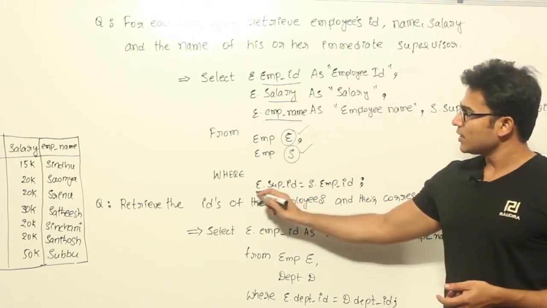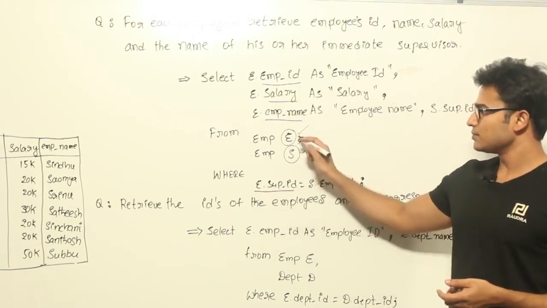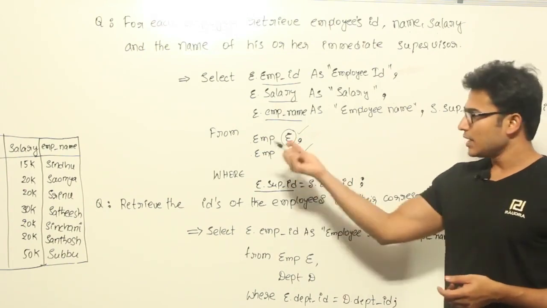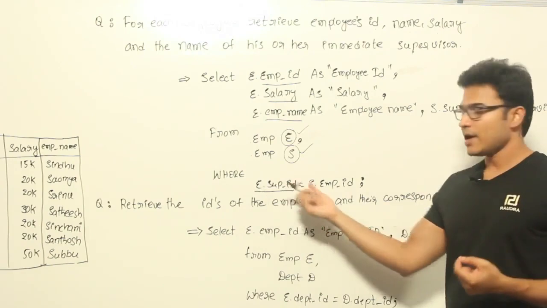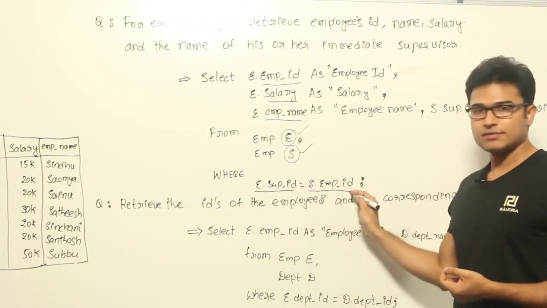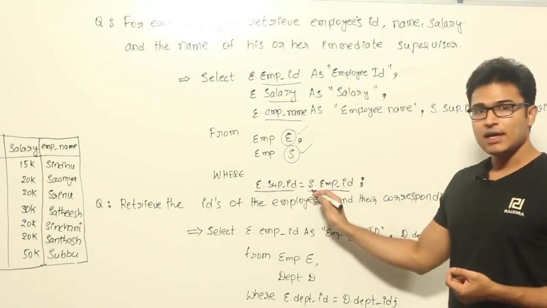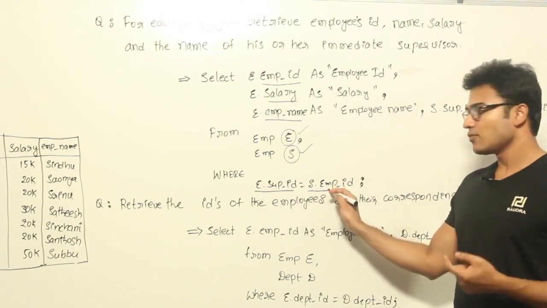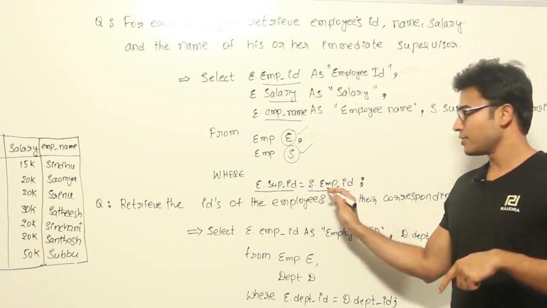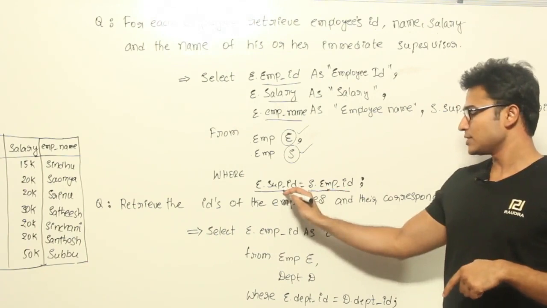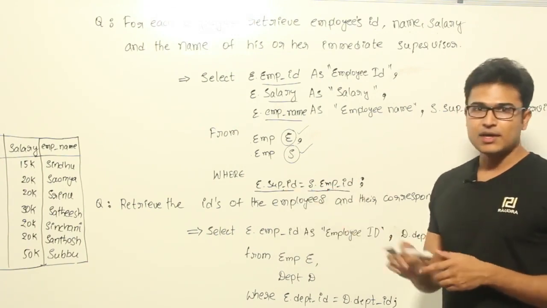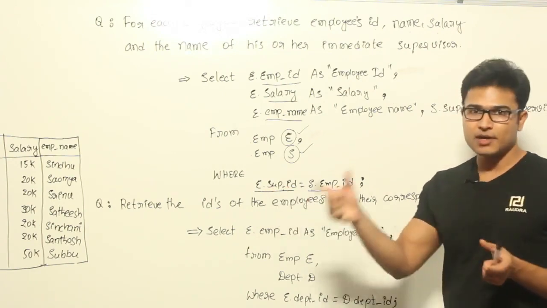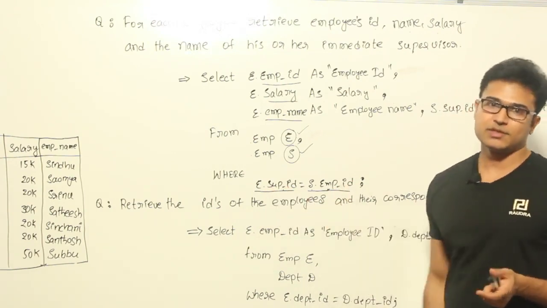So we take, let us say, the instance which is being called as E, and we take every tuple and we see the supervisor ID of that tuple, and we take the other instance which is called S, and then we take the employee ID of that other table in such a way that the supervisor is equal to this employee. So in effect, what is happening is every employee is being paired up with the corresponding supervisor, right?